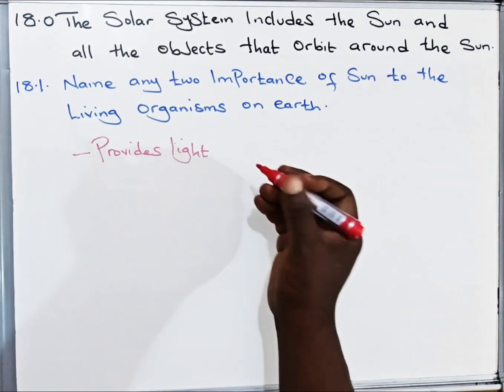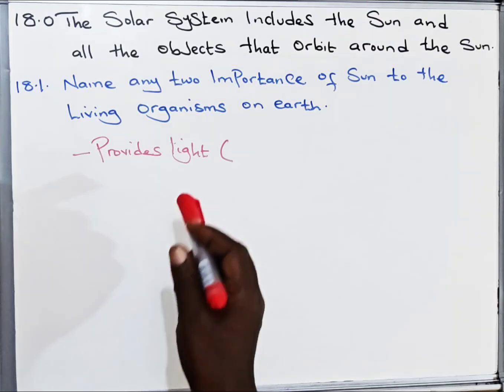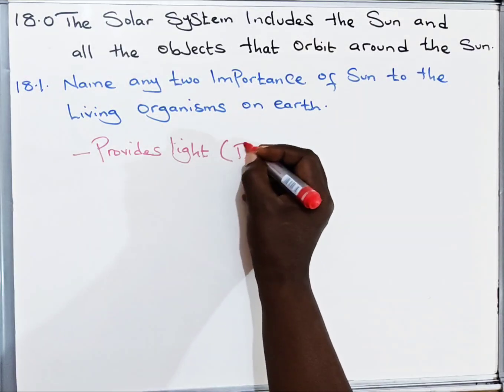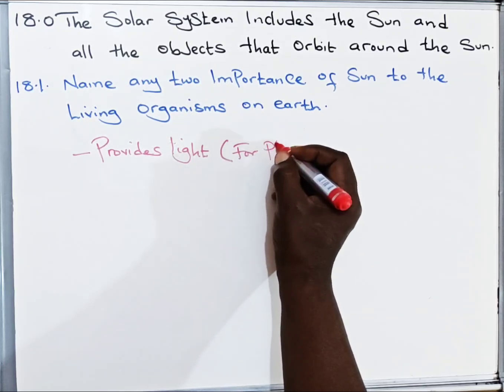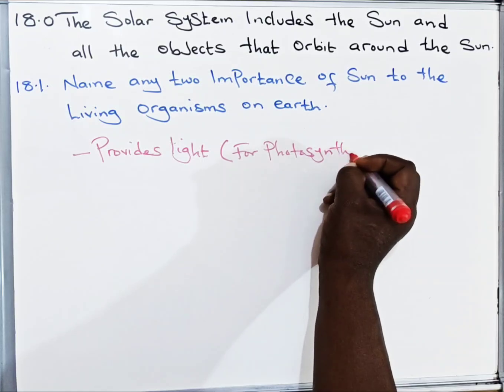Because light, before we consider it for vision, supports one of the major processes called photosynthesis, the process by which green plants manufacture food, the food which supports all life forms on Earth. So it provides light, or we can say for photosynthesis, majorly for that.